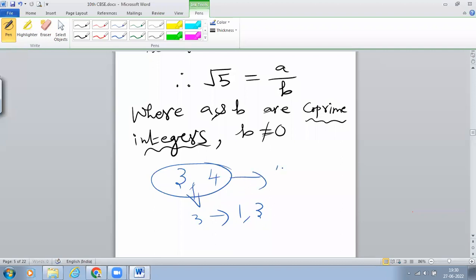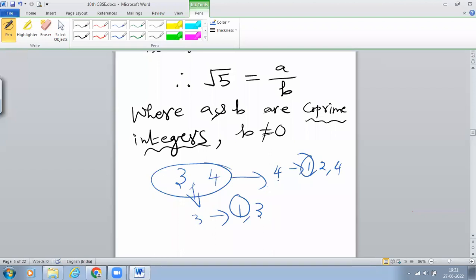But the factors of 4 are 1, 2, 4. Now see here, for 3 and 4, the common factor is only 1. That is why we can say 3 and 4 are co-prime numbers. Do you know the meaning of co-prime? Yes, sir.